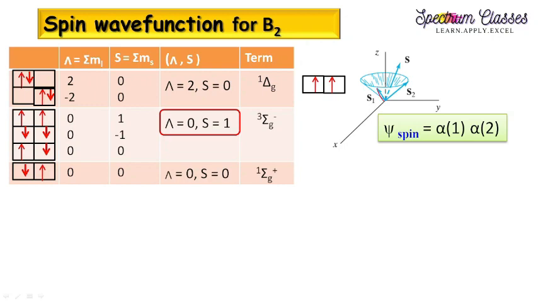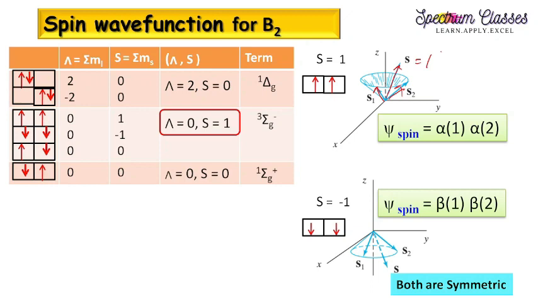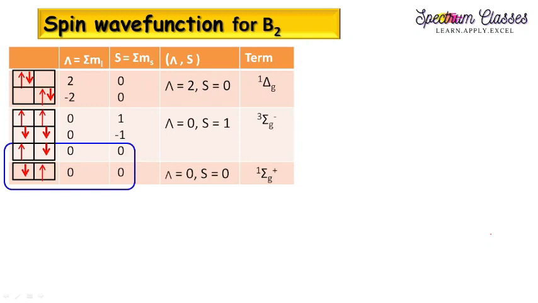This is up spin, this is again up spin, and the sum of these two vectors gives the resultant vector S, which is equal to 1. Now situation number 2. In this case we have down spin in both cases, and here the value of S is equal to minus 1. Both of these are symmetric.